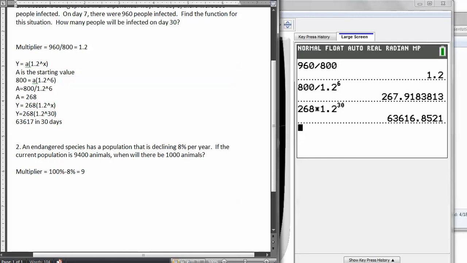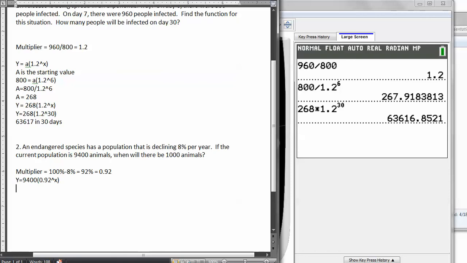That gives us 92%, which is 0.92. That's the multiplier. So we know the function starts off with, in this case, 9,400 animals, the current population. The multiplier is 0.92 to the x power. That's the general function for this situation.